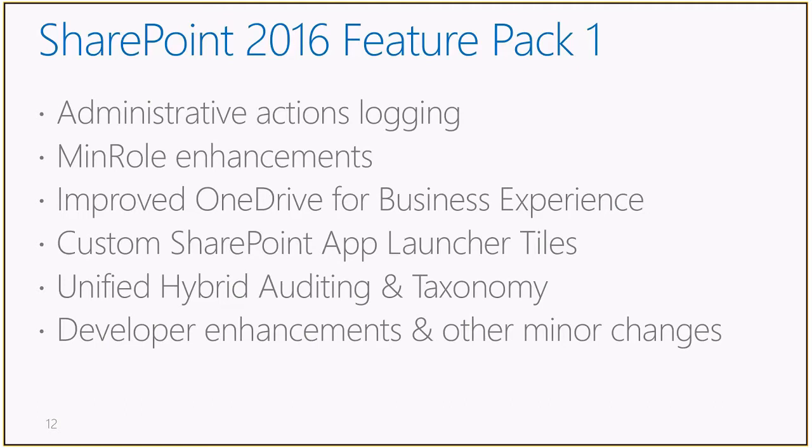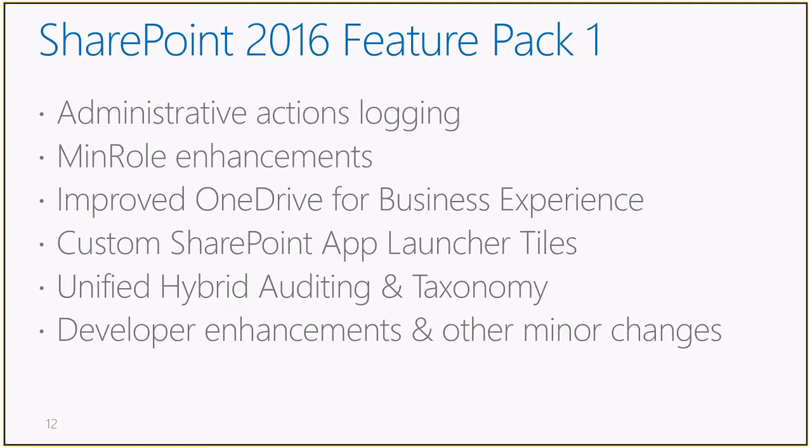A few other things may not be of great interest unless you are in a hybrid configuration model. If you've got your existing SharePoint 2013 or 2016 in a hybrid configuration, with the new feature pack you can now have a single taxonomy, which I think is the biggest change, driving both SharePoint Online and SharePoint Server on-prem.